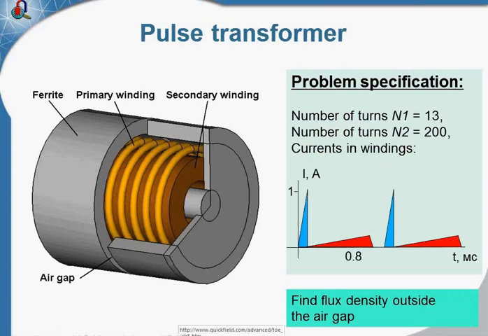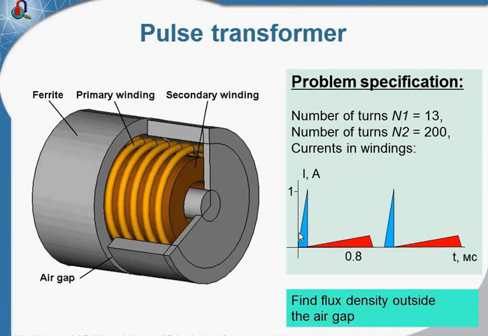The next case is the pulse transformer. The transformer consists of primary and secondary windings. There are 13 turns in the primary winding and 200 turns in the secondary winding. The coils are placed inside the ferrite core.